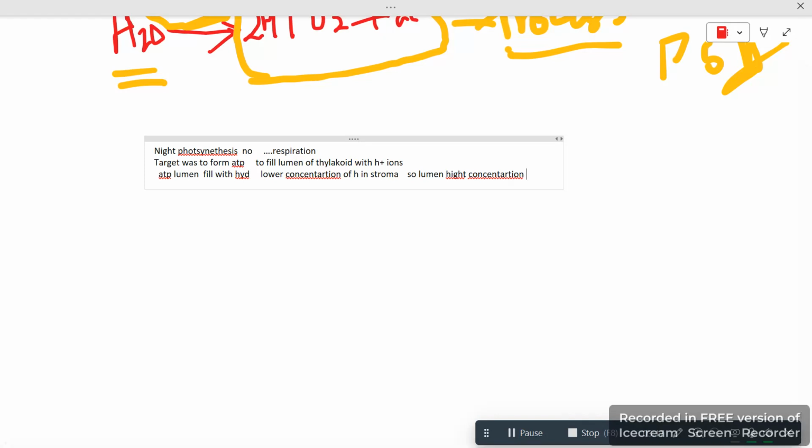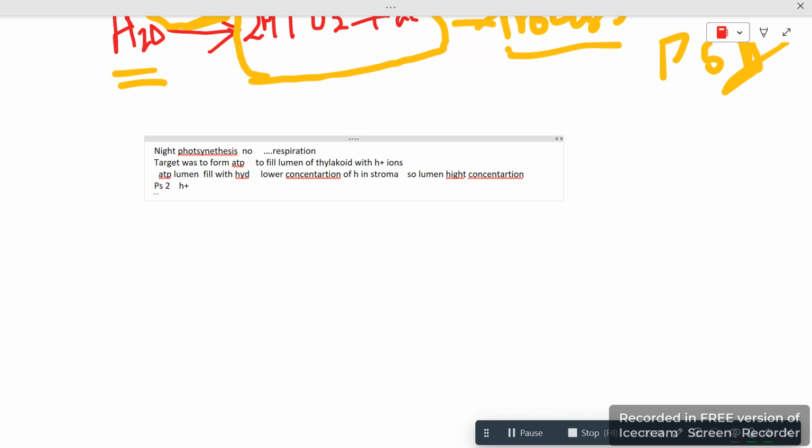This is a very important MCQ, I think. And then we have PS2, which will take H positive ions. A little bit of H positive ions are in the stroma. Still, of course, wherever they get H positive ions, the lumen will take them.